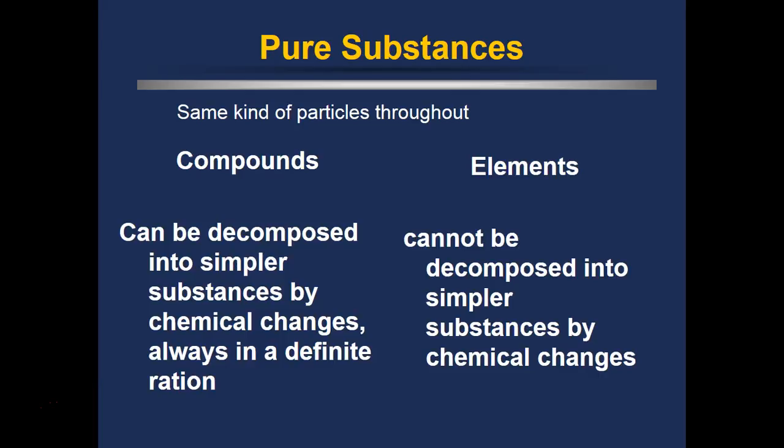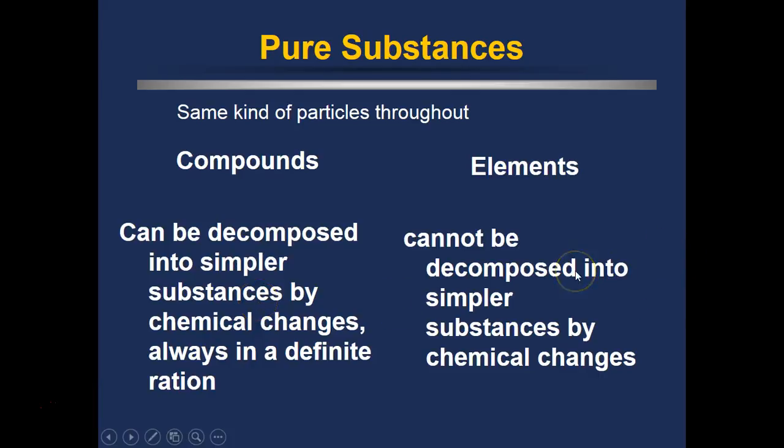Pure substances have the same kind of particles throughout them. Pure substances can be compounds like water, or they can be elements like copper. Compounds, if they are pure, can be decomposed into simpler substances by chemical changes, but always in a definite ratio. So we can break apart a water molecule into its hydrogen and its oxygen.